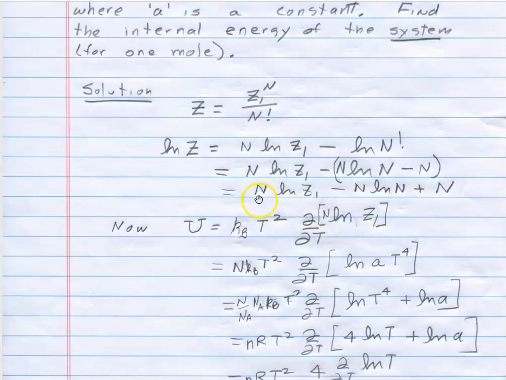The natural log of z is n natural log z1 minus n natural log n plus n, and these last two terms don't depend on temperature. In fact, they're constants for a given amount of substance. So the partial derivatives will vanish, and the only thing that gives me any substance is the partial derivative of the first term, and that's just the one that I wrote here.